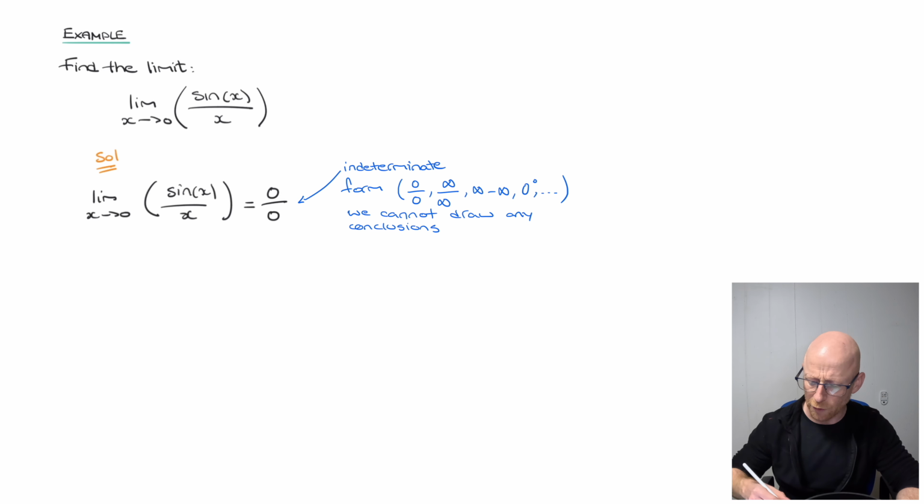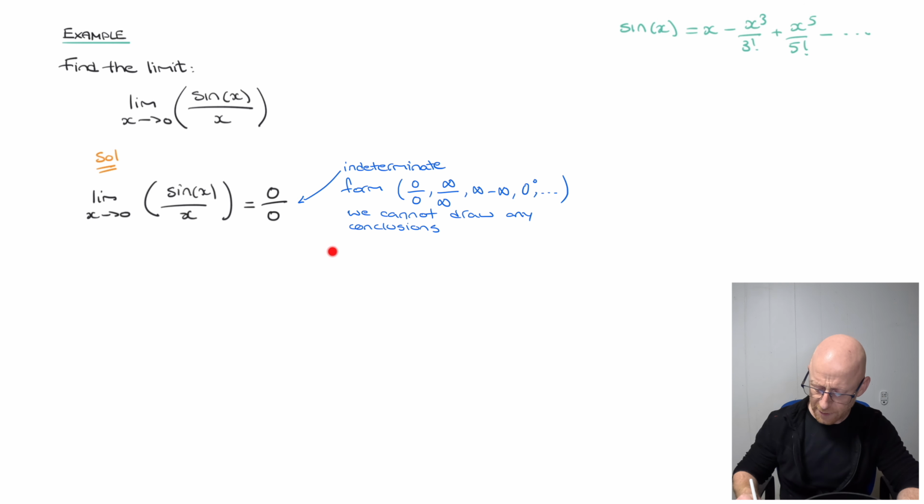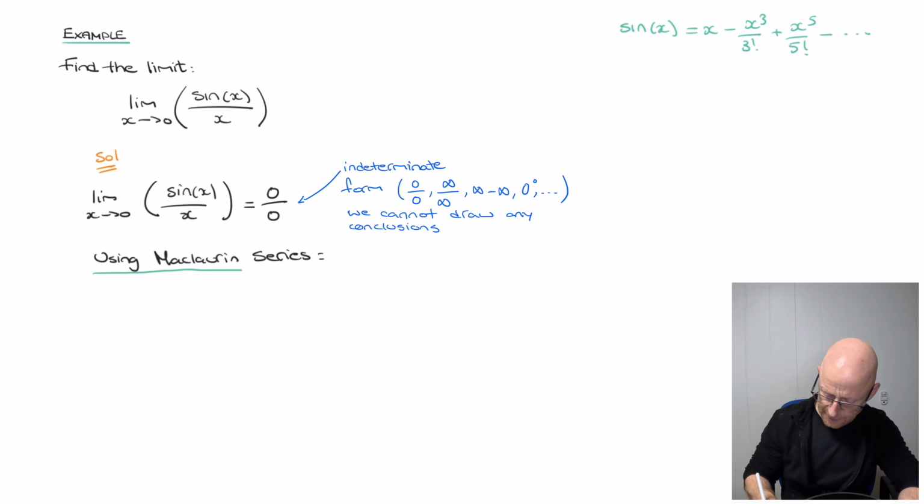And if you're studying Maclaurin series or Maclaurin expansions, you no doubt already know that the Maclaurin series for sine of x is equal to x minus x cubed over factorial 3 plus x raised to the power of 5 over factorial 5 minus x to the power of 7 over factorial 7, and so on and so forth. So underneath here, I'll go ahead and say using Maclaurin series. There we go. And I'll go ahead and underline that, like so.